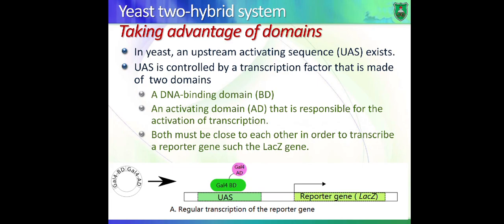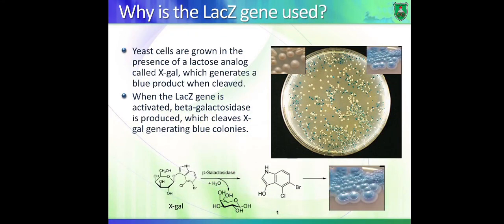So why LacZ? Well, it's a nice enzyme, beta-galactosidase, and what it does is that it cleaves lactose into its components. Okay, except that here we're not using lactose, rather we're using a specific metabolite, or substrate, known as X-gal. It looks like lactose, except that it has this group right here.